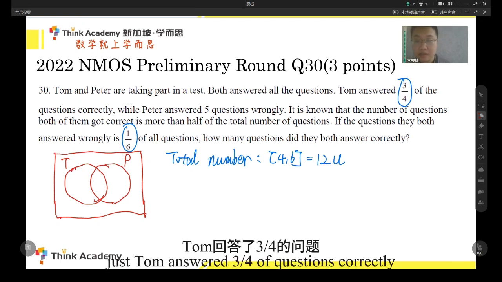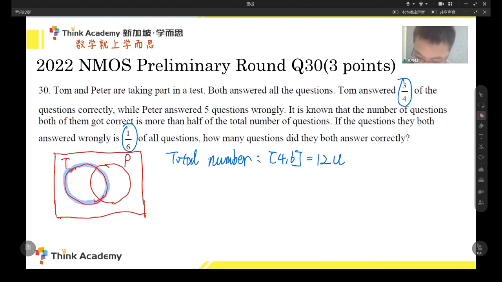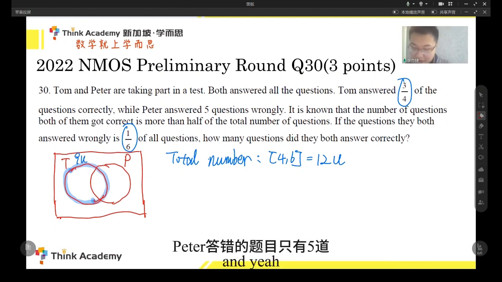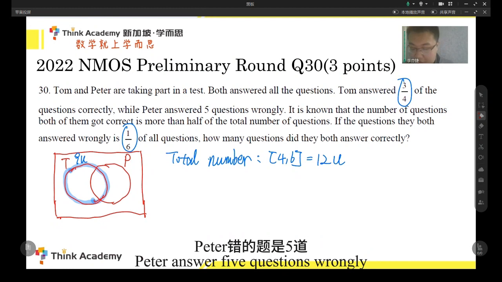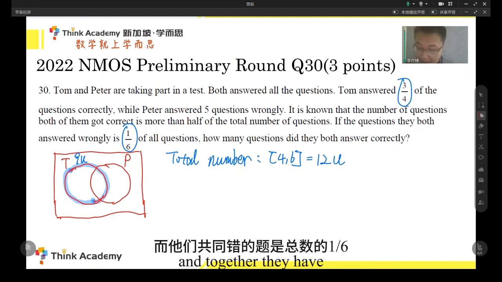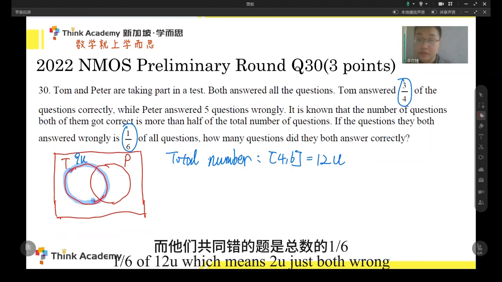Tom answered 3/4 of the questions correctly, so the circle of Tom has a worth of 9u here. And Peter answered wrongly only 5 questions. An interesting point we should mention is that together they have 1/6 of 12u wrong, which means 2u.